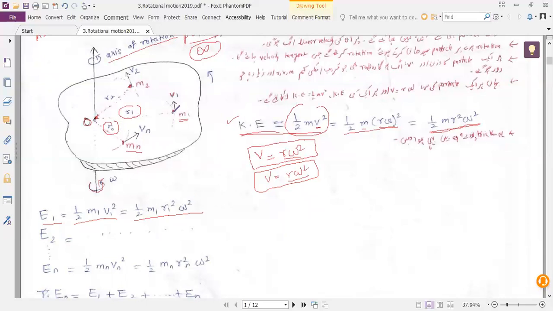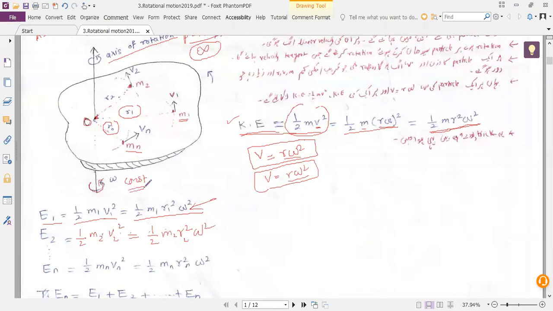Similarly, can you say the kinetic energy of particle 2? Same, half m2 v2 square. Now we know the formula of v2, r2 omega, so half m2 r2 square omega square. Now carefully see this here, students. We are not numbering omega because omega is constant.